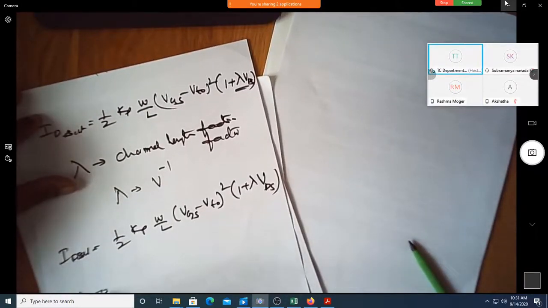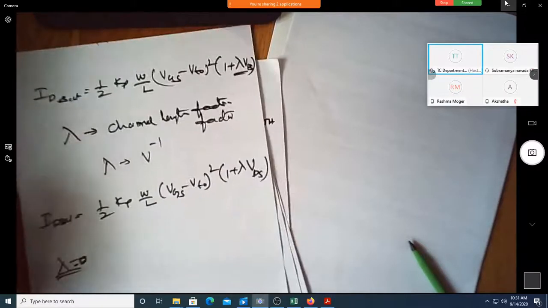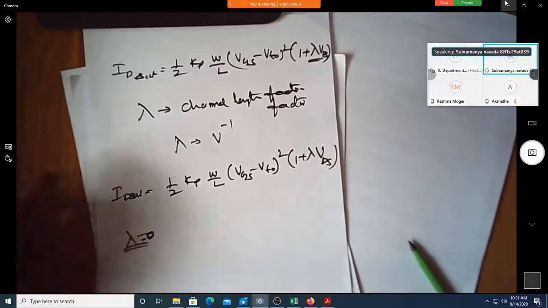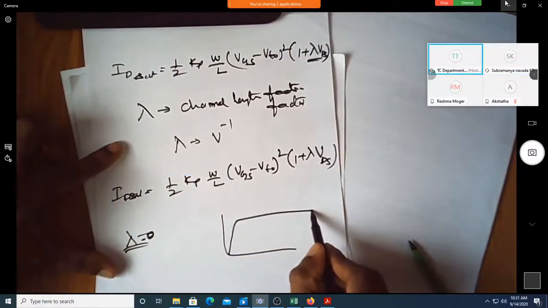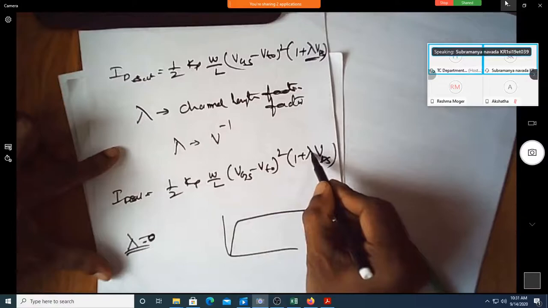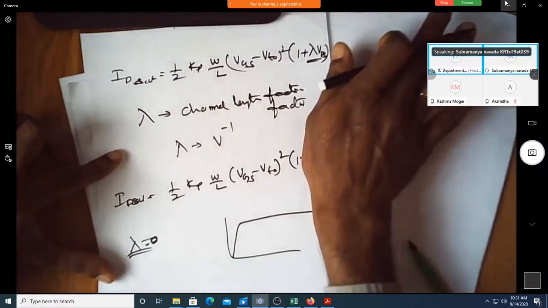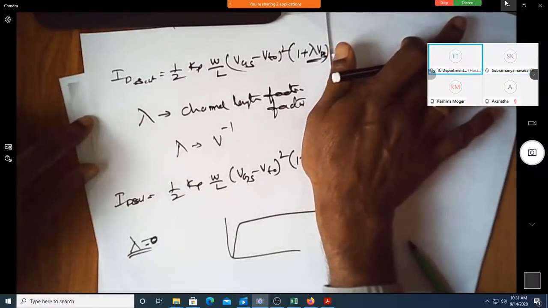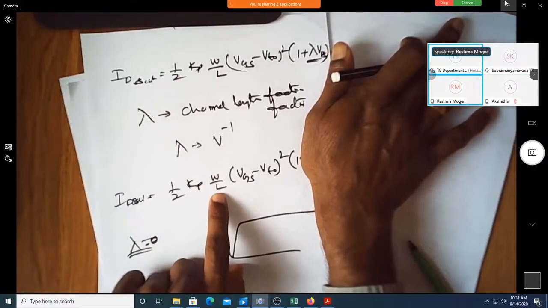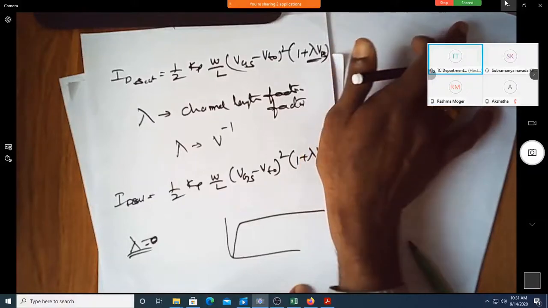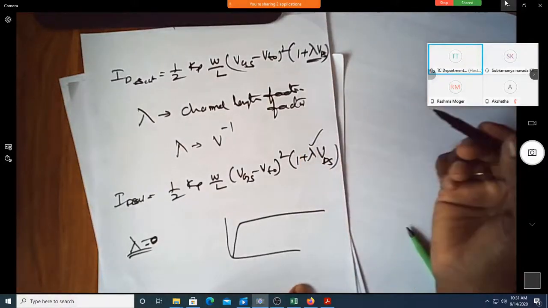Zero only. If it is 0, what does it mean? There is no variation in length, meaning it is an ideal characteristic. If this lambda becomes 0, it is our ideal expression of ID sat without considering channel length modulation. If there is channel length modulation, then only this lambda comes into the picture.